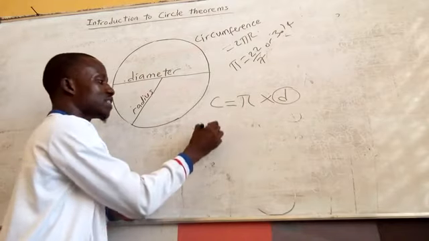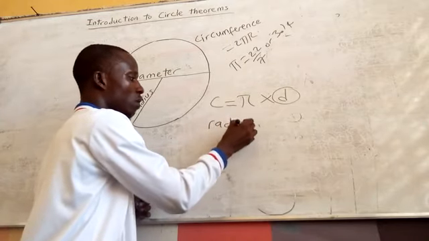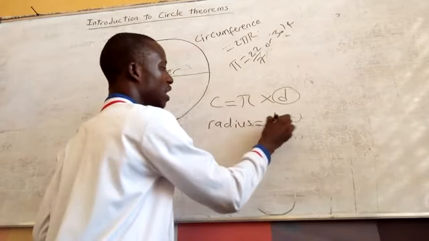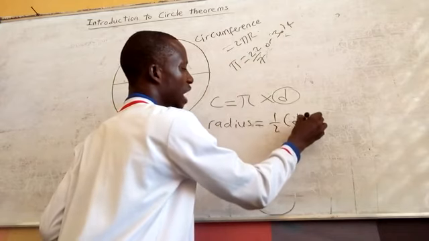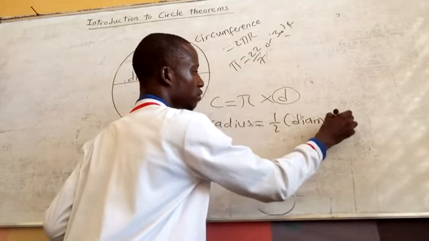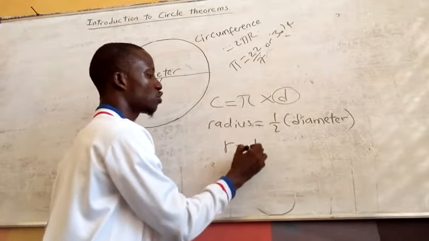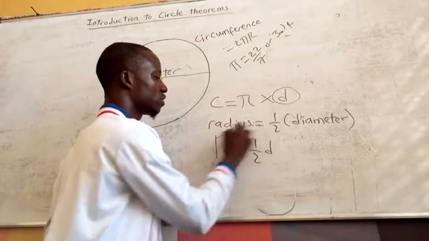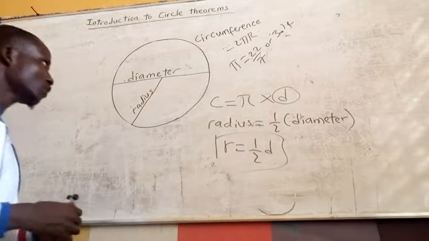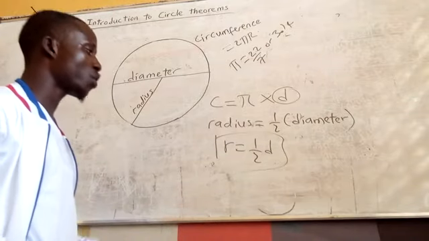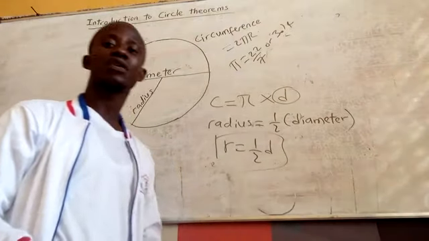So the radius of the circle is half the diameter. For short, we say the radius is equal to 1 over 2 times d. So the radius of the circle is always half the diameter of the circle.